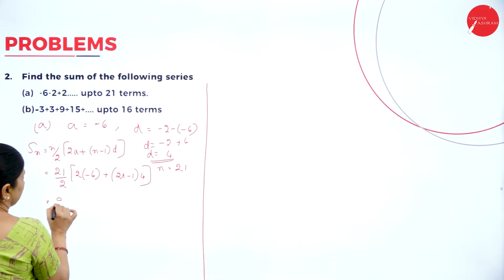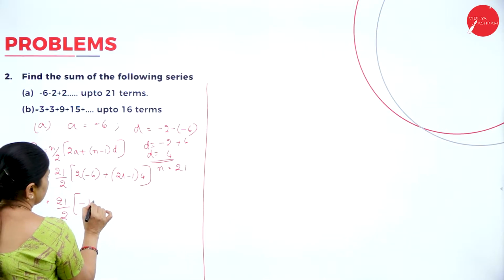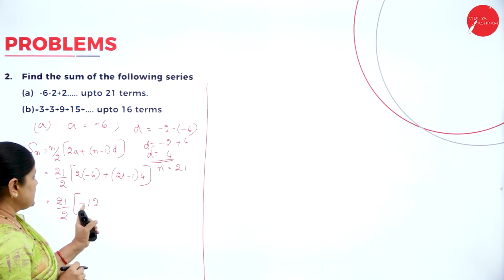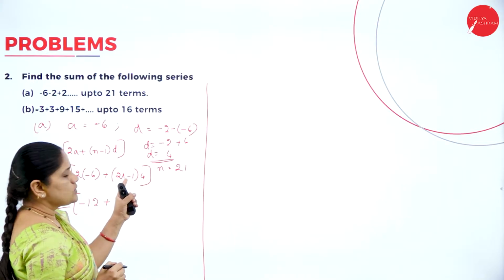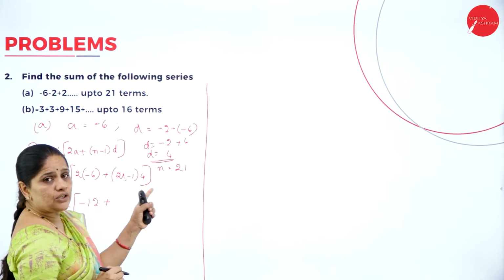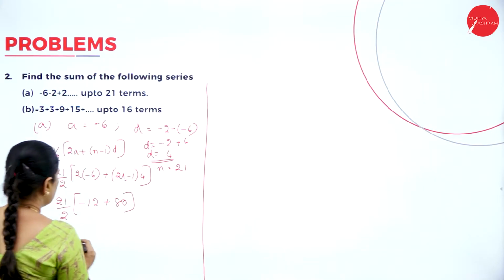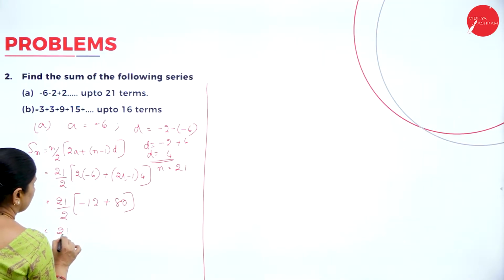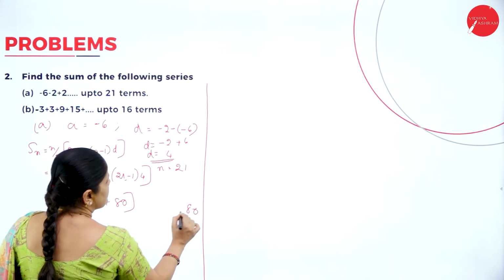So, this will be 21 by 2 into minus 12, 2 into 6 is minus 12, plus 21 minus 1 is 20, 20 into 4 is 80. So, this will be equal to 21 by 2 into 80 minus 12.